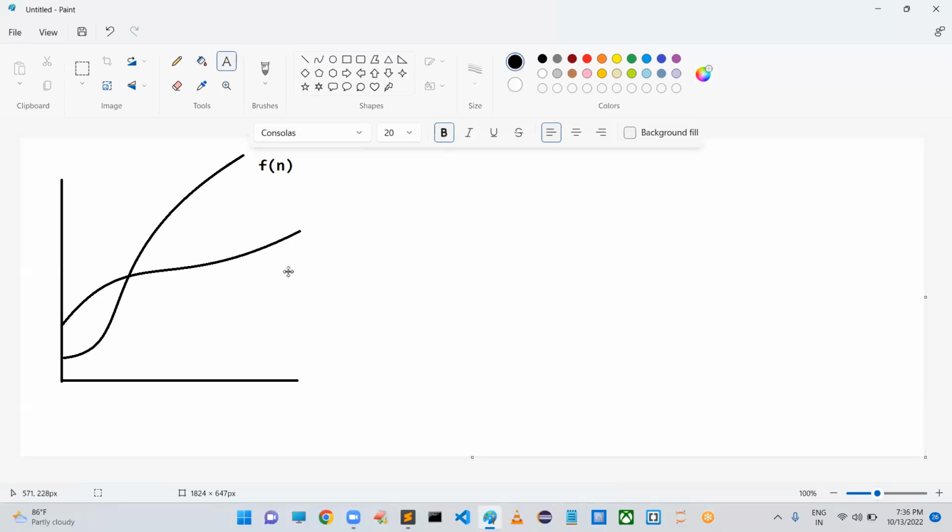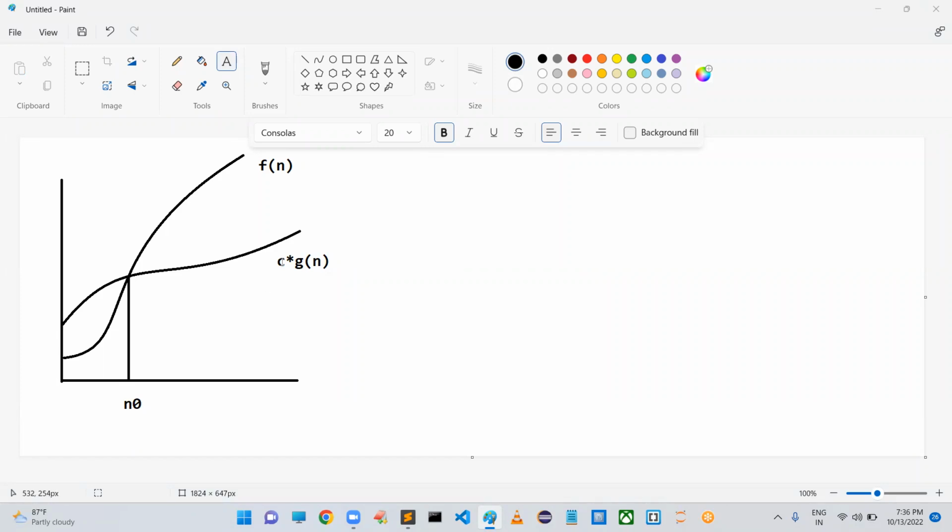And what about this function? Some constant into g of n. Where the values are increasing simultaneously, this value is called n naught. Up to this we can't predict, but once this constant is reached, in the previous example f of n was low when compared with g of n.